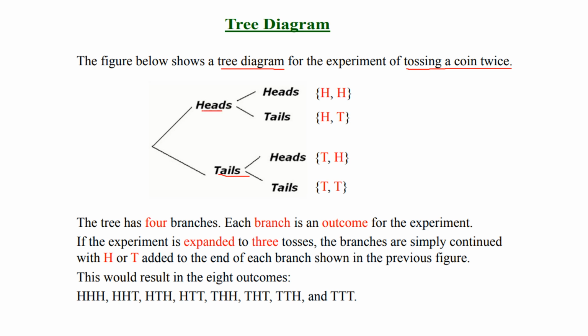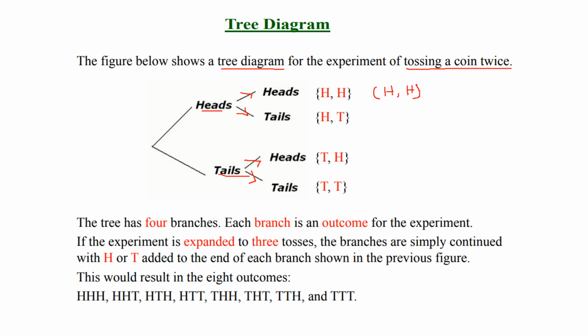Then we need to extend the branches for each event. So it gives you the outcomes, or we can say the sample space: HH, HT, TH, TT. You can use any bracket for this, or if you want you can use normal brackets like open bracket. You can use this for the sample space. Fine, no problem.